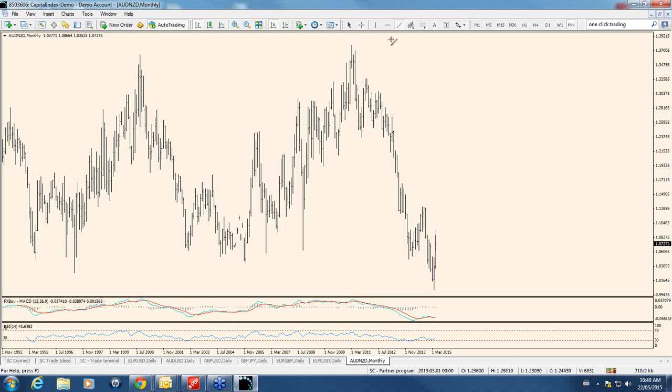We can actually draw some horizontals in here because this was the lowest point for quite some time. You can go higher, and then we can see the Aussie has depreciated against Kiwi quite substantially in the last few months, but then that's going back.